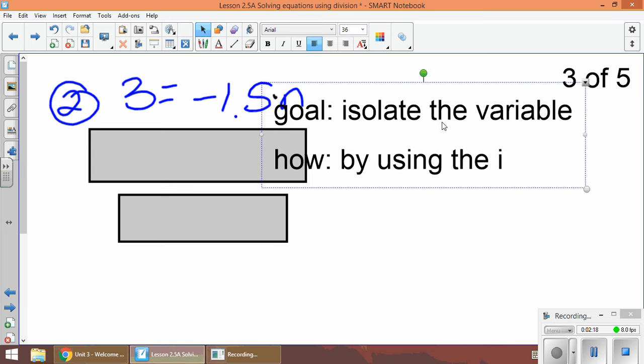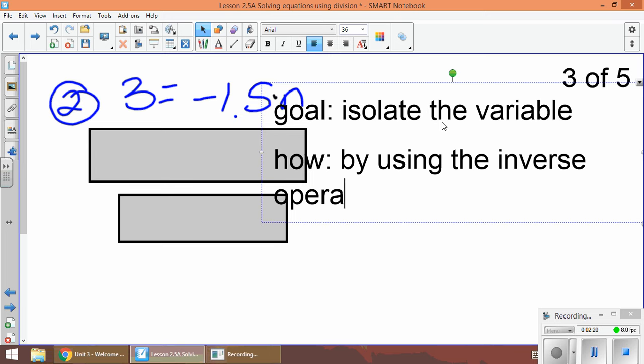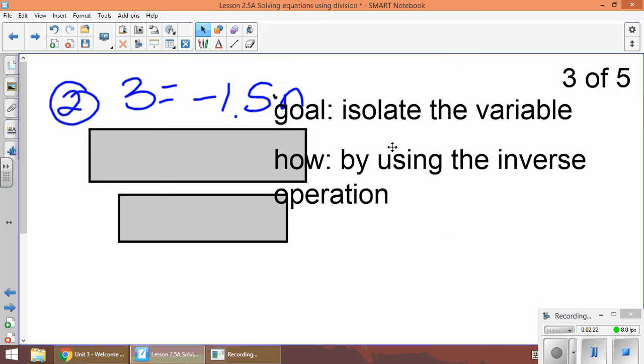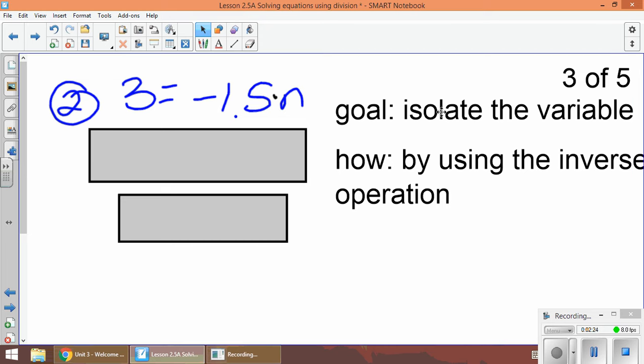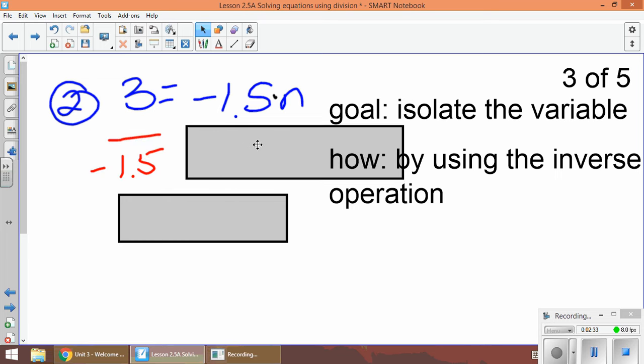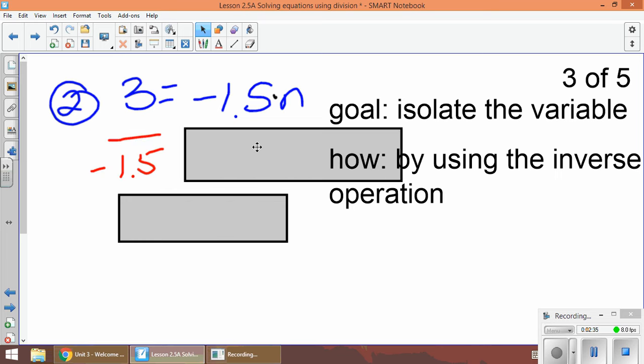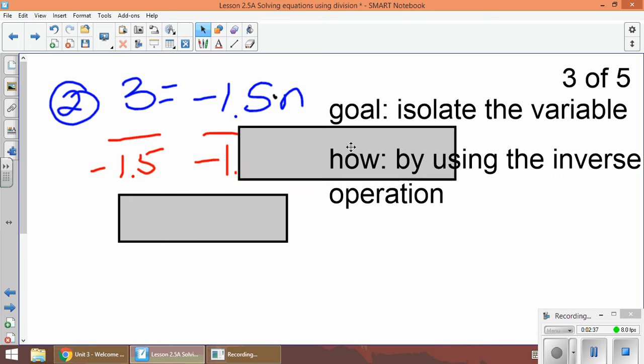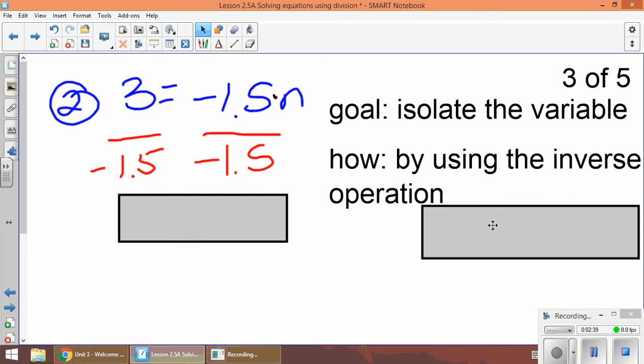By using the inverse operation. So the inverse of multiplying n by negative 1.5 is to divide both sides by negative 1.5. So I divide the left of the equal sign by negative 1.5 and the right by negative 1.5.